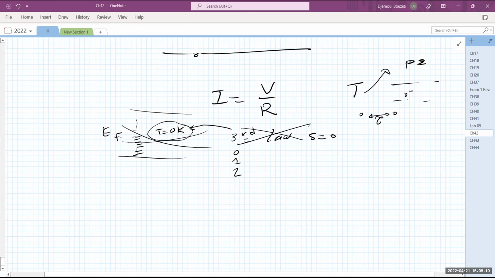And which brings me to the point that when we did our analysis and we said that T equal to 0 Kelvin, at that point, what we are talking about is that all of the states below the Fermi energy level are filled, is really an idealized situation because we know it doesn't exist, okay? So with the slightest change in temperature, which is the case, you will have plenty of free, basically, electrons that can jump in the next levels, and they will be free to roam. Okay, so that's what I meant with it.